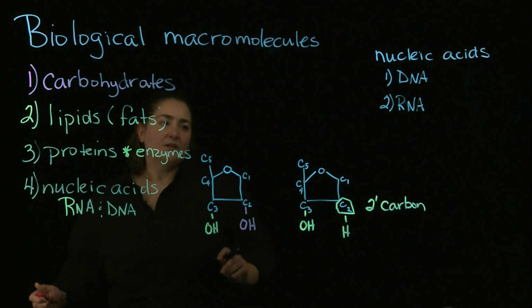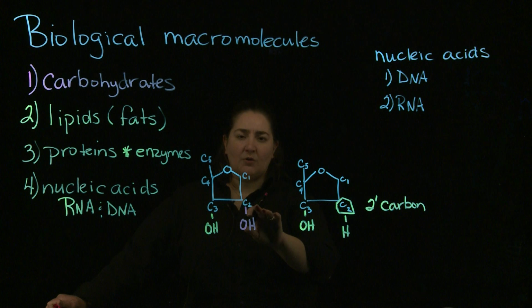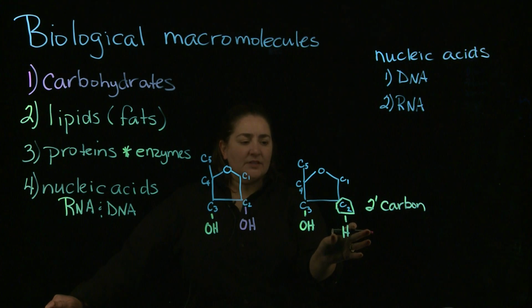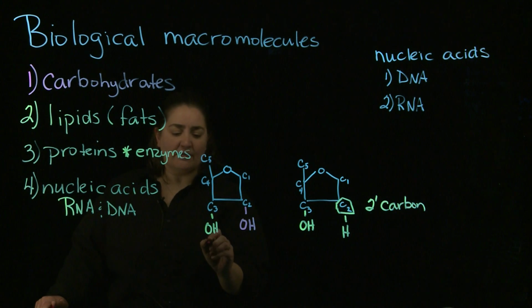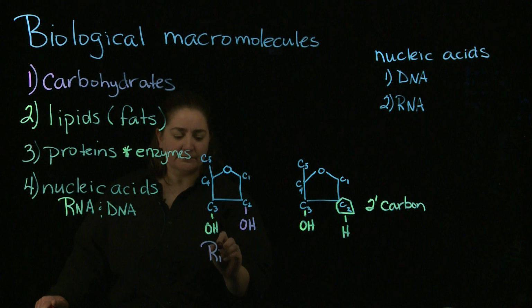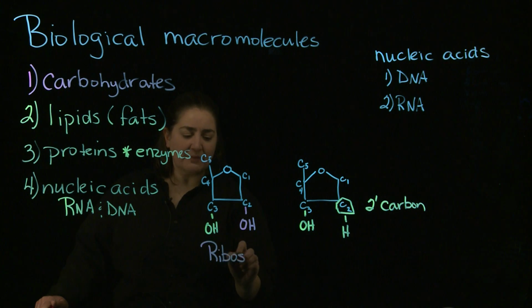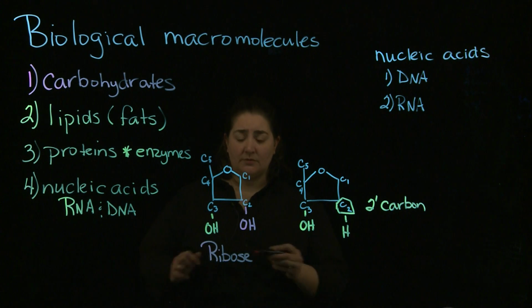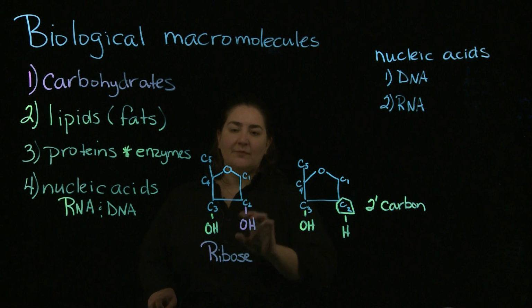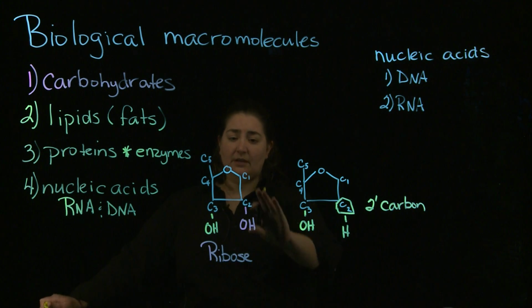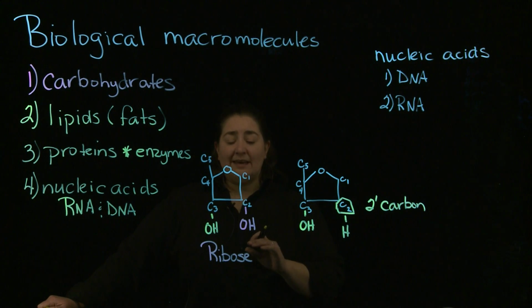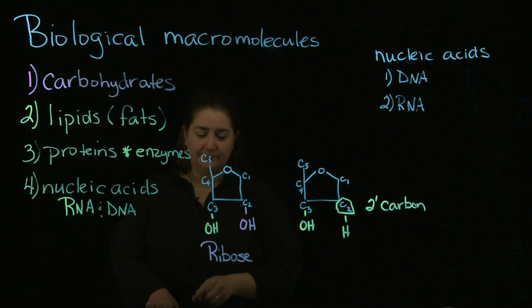At that 2' carbon, in one of these I've drawn a hydrogen, one of them I've put a hydroxyl group. If you have a hydroxyl group there, that makes this sugar a ribose. So that would make that a ribonucleic acid, that would be RNA.